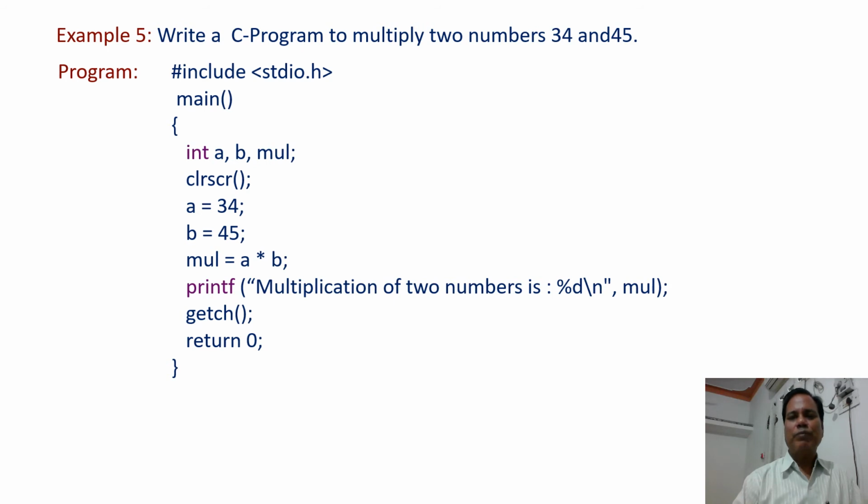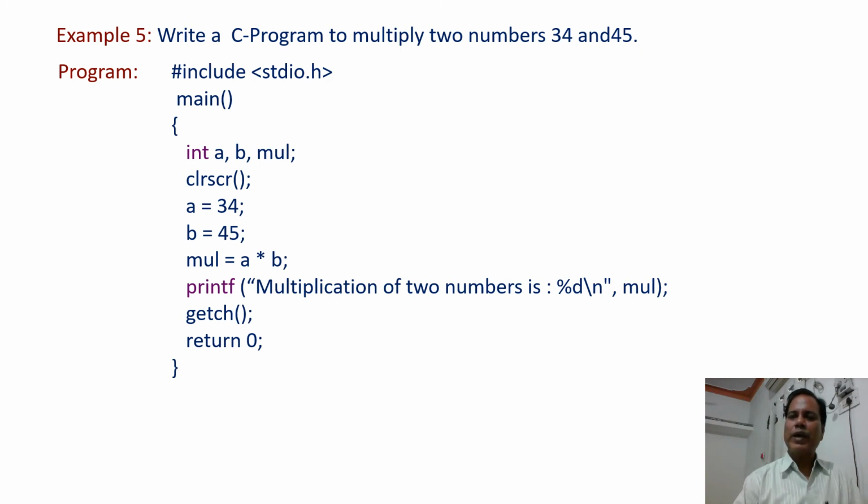So these two variables get multiplied, and the multiplication is stored in the left side variable, and finally this result is printed using the next printf statement. Multiplication of two numbers is %d.